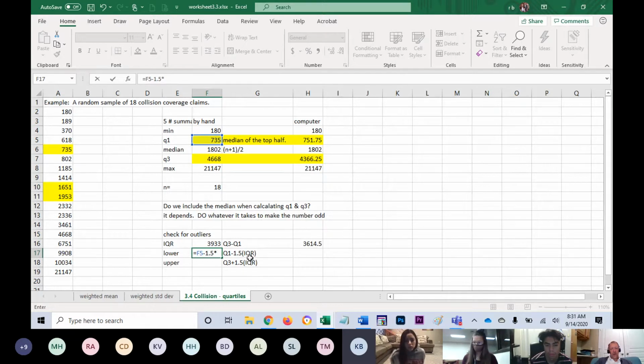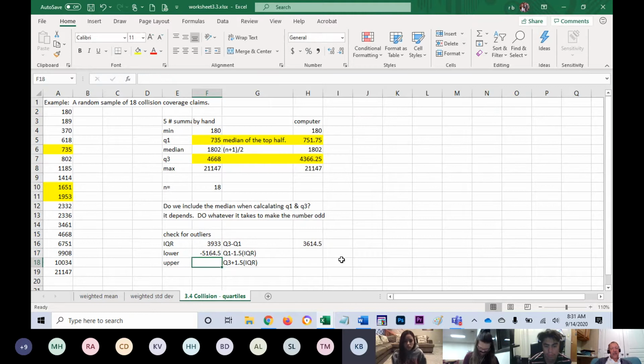Oh, you forgot your interquartile range. It's 1.5 times the interquartile range. So that's the number we just found there, right? Yeah, so it's a huge number. So that's actually a negative number. Yeah, negative 5,164. Can you give me the upper fence? Yes.